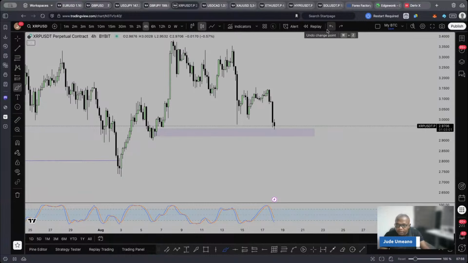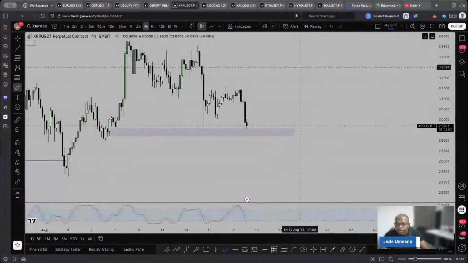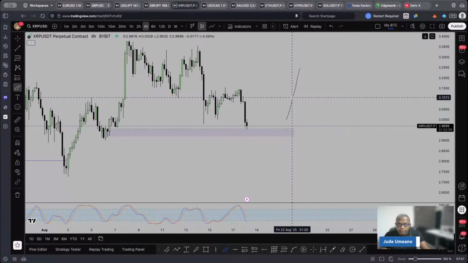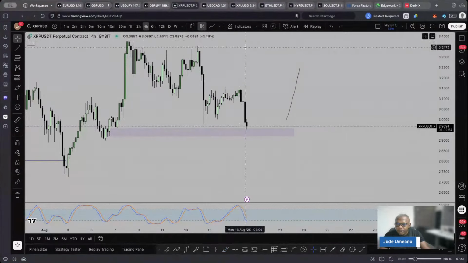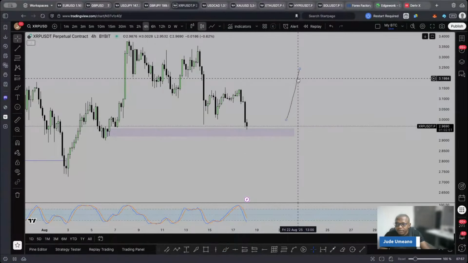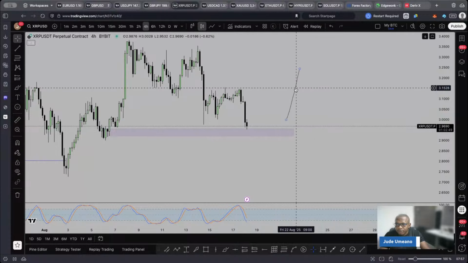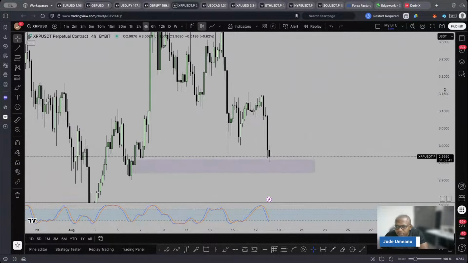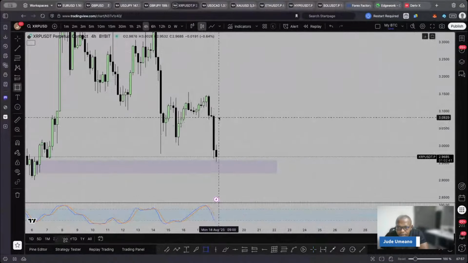But we're going to mark all these things out. We'll mark everything out before we start making our decision on which one is going to hold, which one is not going to hold, and all that. So I'm going to go back to mark out the supplies. I have above here is a supply.